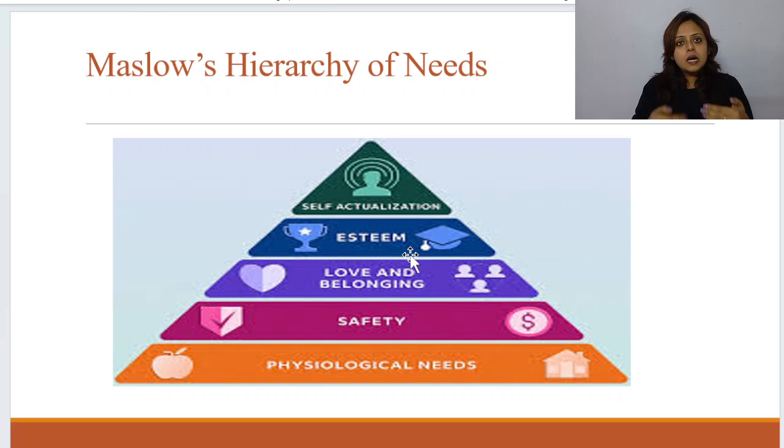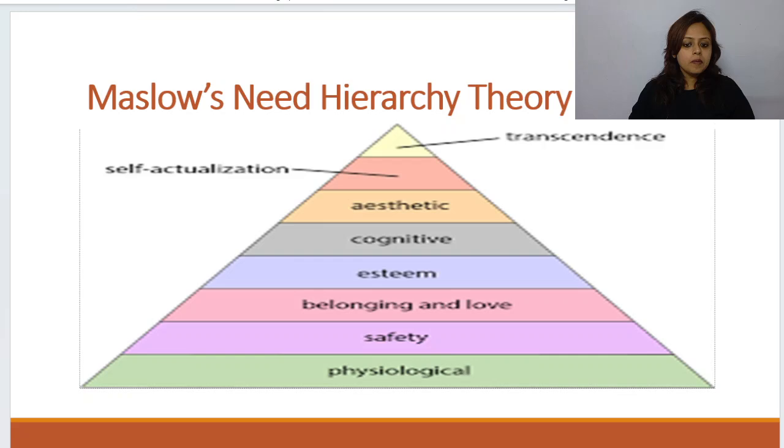But later on, during the year 1970, Maslow came up with another set of needs which are known as the cognitive need, the aesthetic need, and the transcendence need.